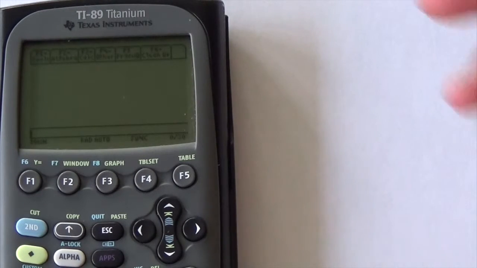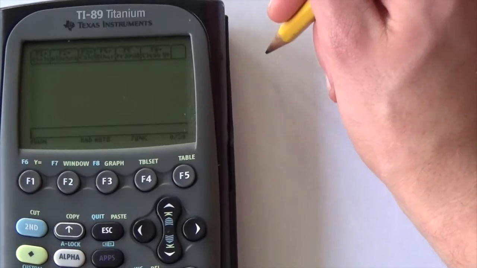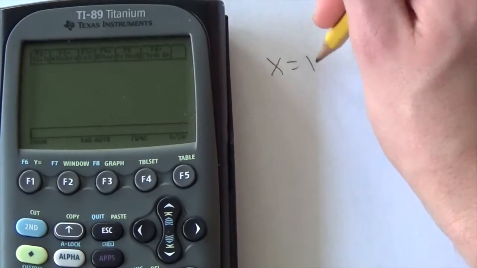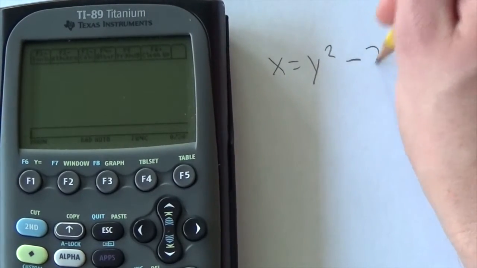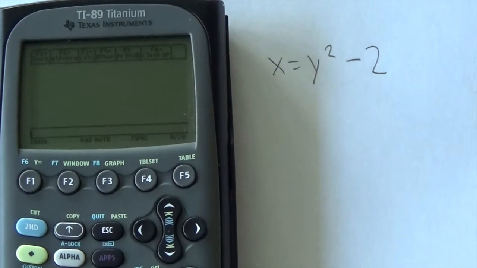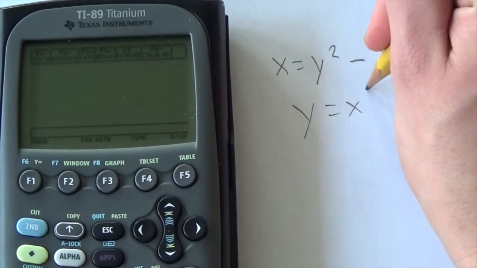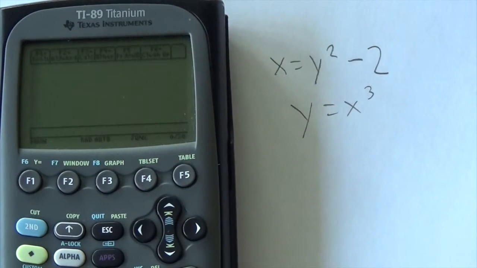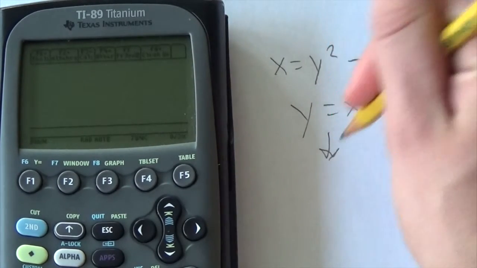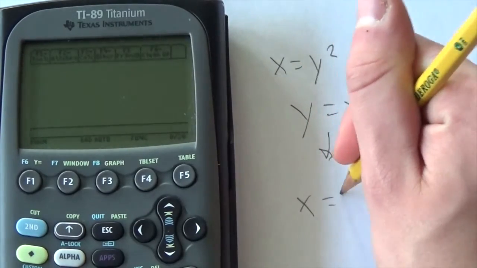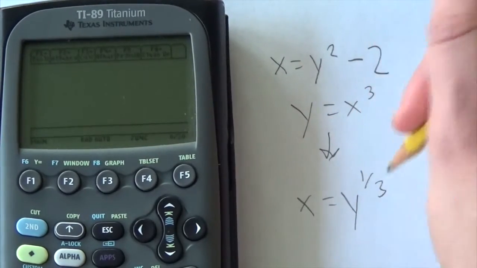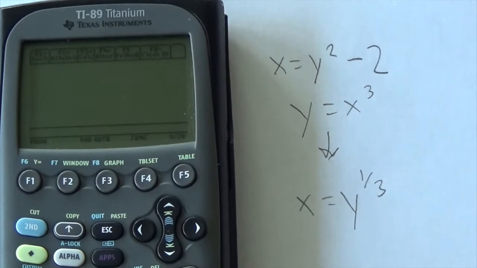Okay, so to solve this function, we're going to have to write our equations in terms of y. So the first equation is given to us in terms of y. It's x equals y squared minus 2. And then the second equation is y equals x cubed. But we can solve that in terms of y just by rewriting it. So we get x equals y to the 1/3 power. So now we need to find our new points of intersection, which is easy.